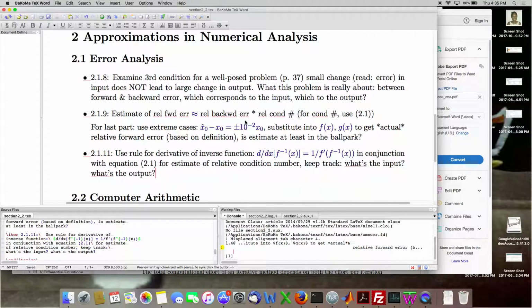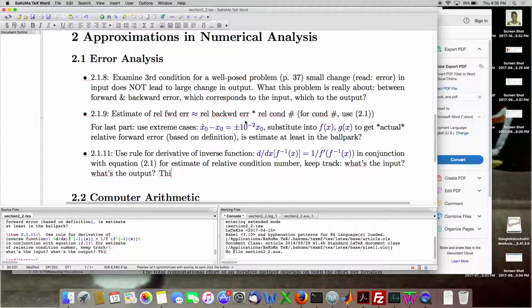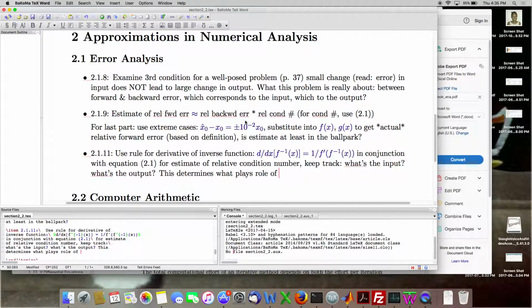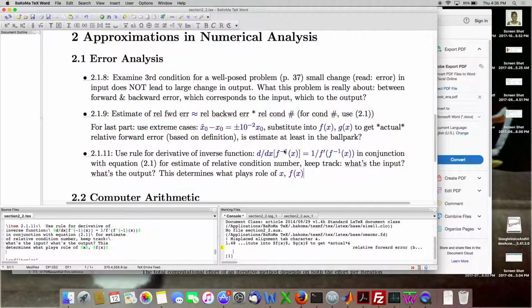But now what are we trying to compute? f inverse of something. So that flipping around is meant to make you think a little harder about what represents the input or the output, and making sure you keep that straight, regardless of the situation. This determines what plays the role of x and f of x in this problem. So it's kind of stood on its head.